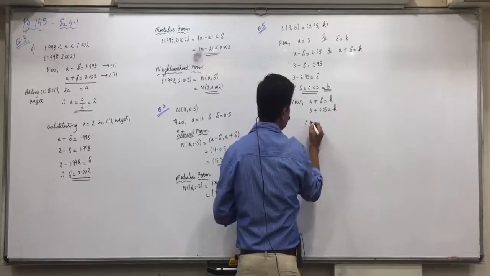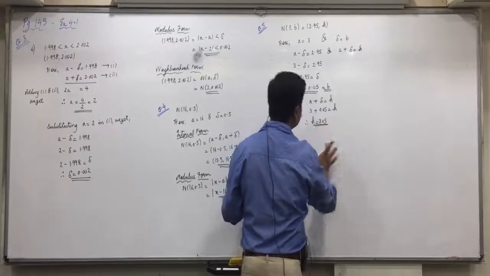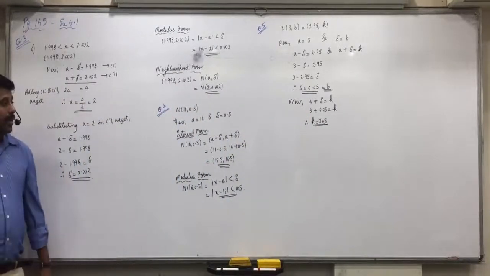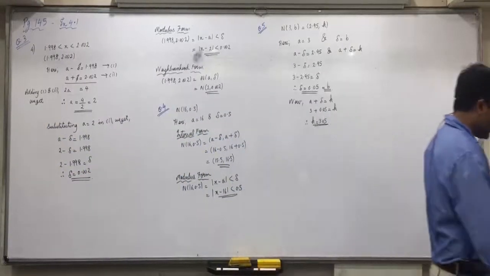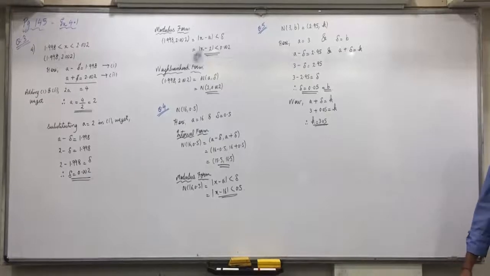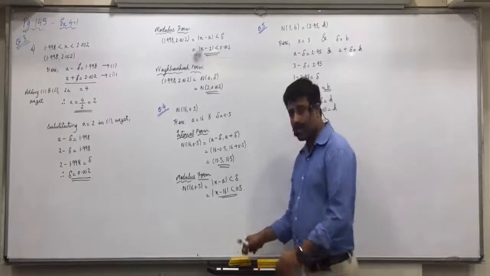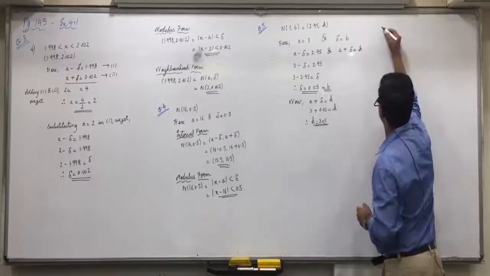So what is k equal to? 3.05. Do you understand this? Thus, b equals 0.05 and k equals 3.05. Are all clear with this? Question 6 is also a similar one.